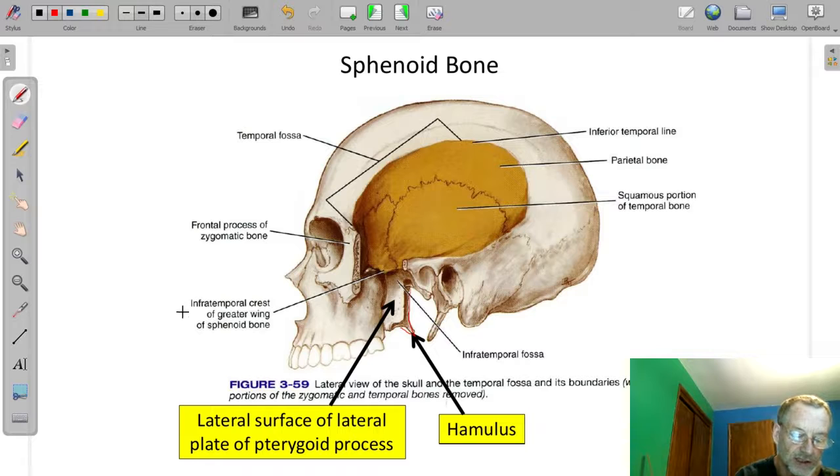It also shows the infratemporal crest again, which is part of the sphenoid, which we mentioned in an earlier lecture as the boundary line between the temporal fossa superiorly and the infratemporal fossa inferiorly. Next slide.